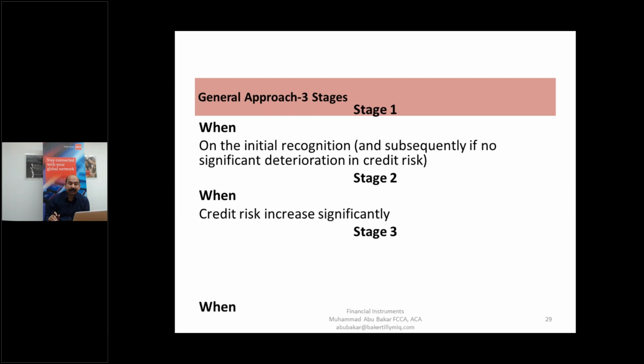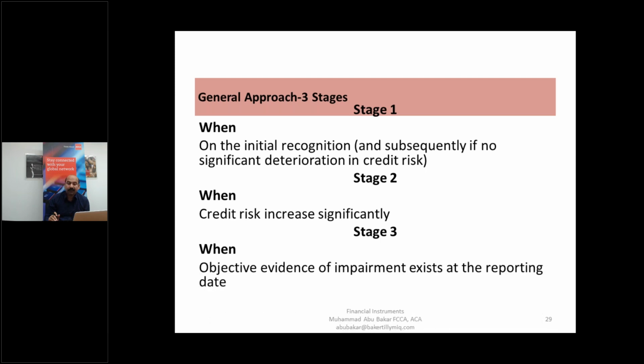If the credit risk of a financial asset increases further to a point where it is considered credit impaired, it falls into stage 3 of the model, when you have objective evidence of its impairment. And it will enter stage 2 when there is a significant deterioration in the credit risk. But on initial recognition, all assets where you are applying the general approach will fall under stage 1.